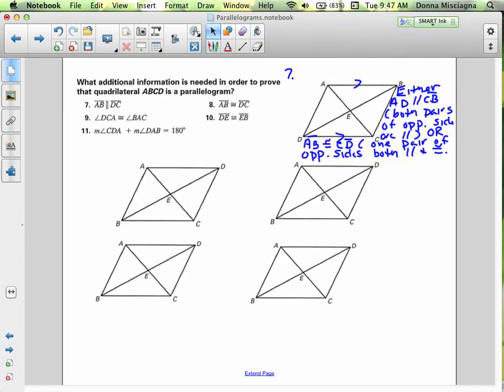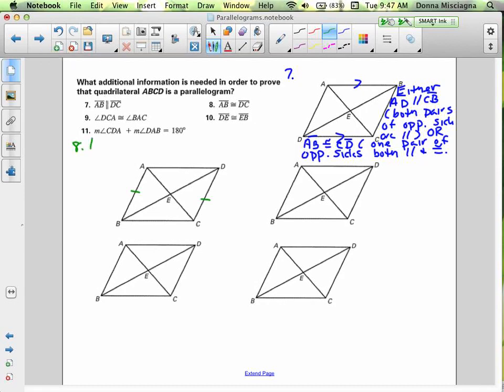Let's go on to number 8, and let's put 8 over here. Right? AB congruent to DC. Well, this is a lot like the other problem, right? Except this time we're given a pair of sides congruent instead of parallel. Right?